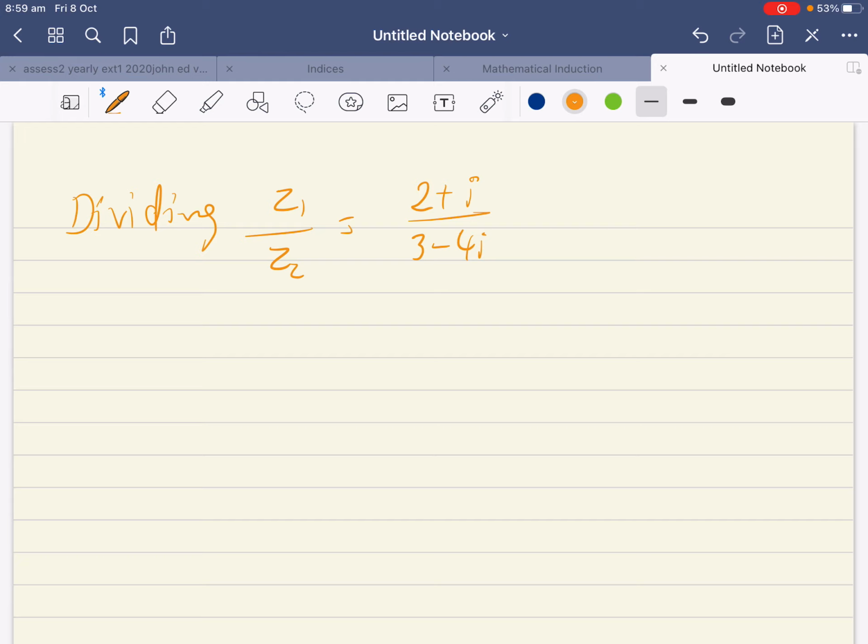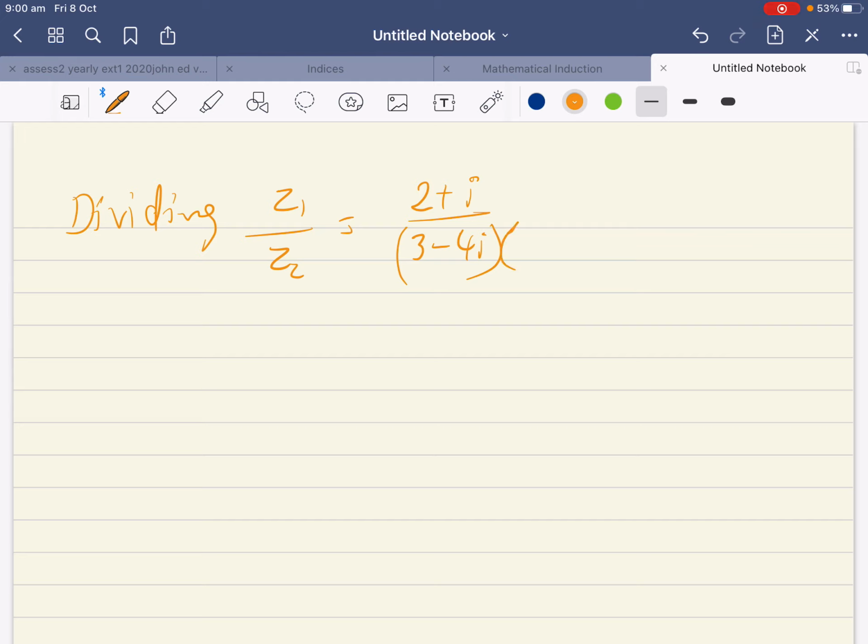In this particular case, ultimately, what makes this a little bit confusing to our minds is having imaginary components on the bottom, right? It makes it look messy. So you can probably guess, if you want to divide, our step is actually going to be to get rid of the imaginary component.